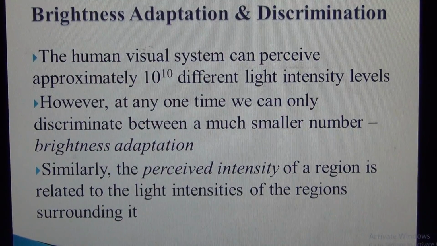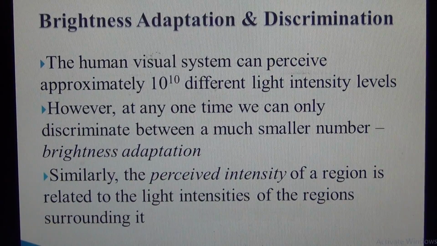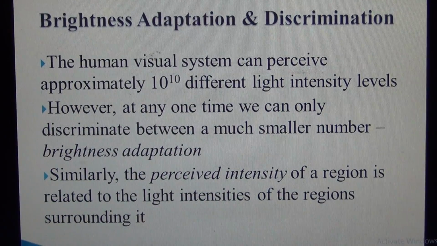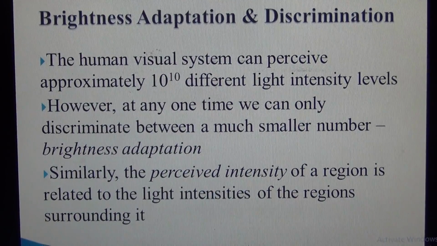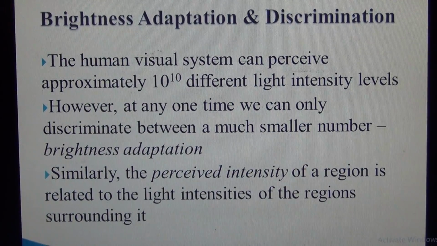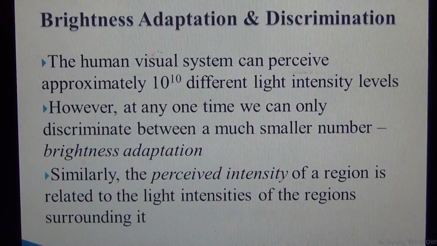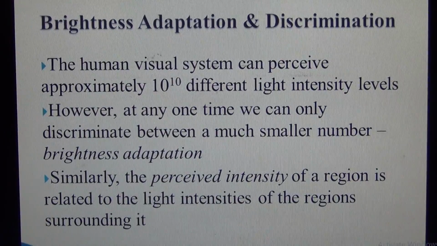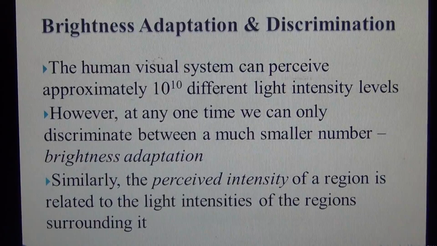Next, the brightness adaptation. The human visual system can perceive approximately 10 raised to power 10 different light intensity levels. You can imagine that the human eye can distinguish about 10 raised to power 10 different light intensity levels. It is very huge. However, at any one time we can only discriminate between a much smaller number.